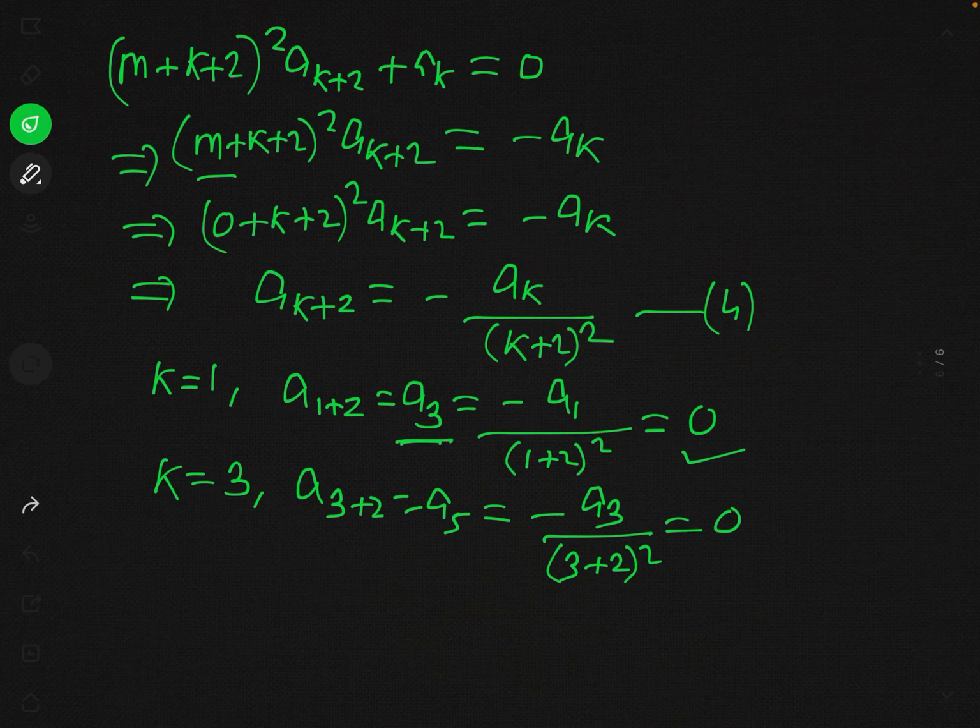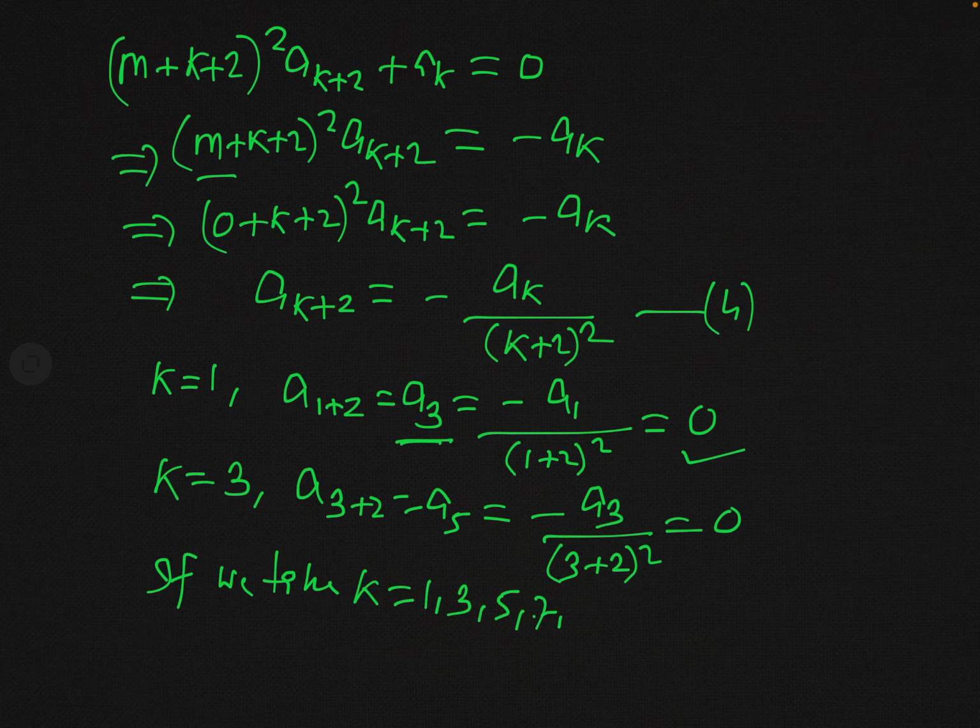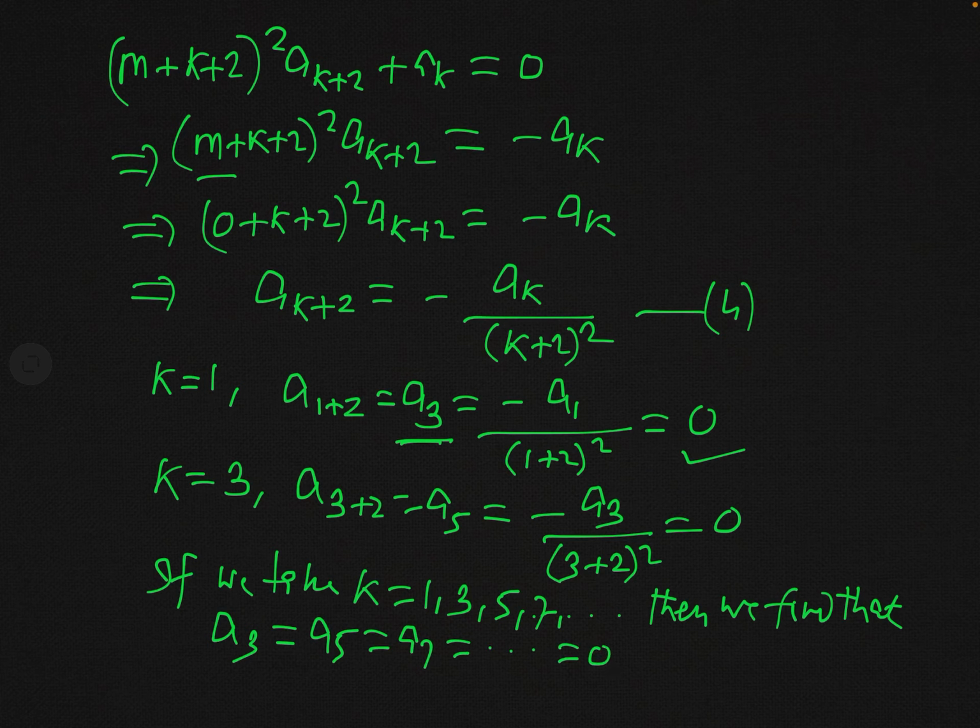So you can say in general that if we take k equal to 1, 3, 5, 7 and so on, then we find that a3 equal to a5 equal to a7 and so on, and all these will be 0.